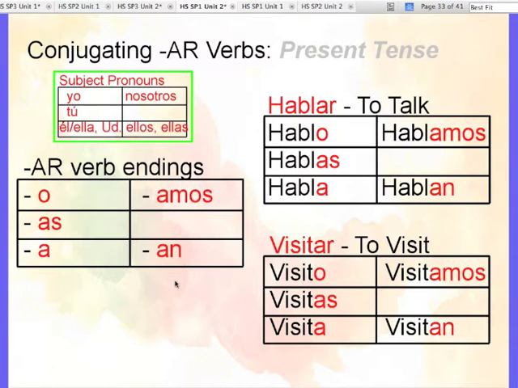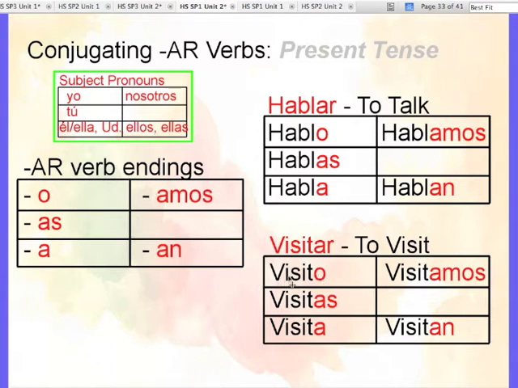And to conjugate the verb, all you have to do is take off the AR, okay? Take off the AR and you're left with the root, and that's habl in this case, or visit in this case. When you take off the AR, you just add the endings, o, as, a, amos, an, and then you have your conjugations.